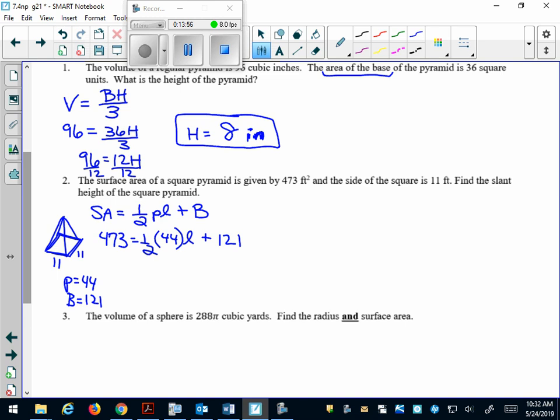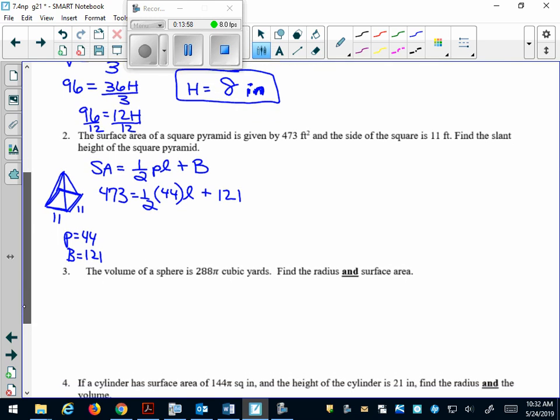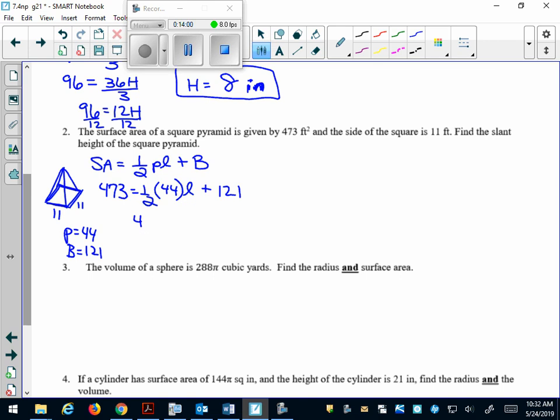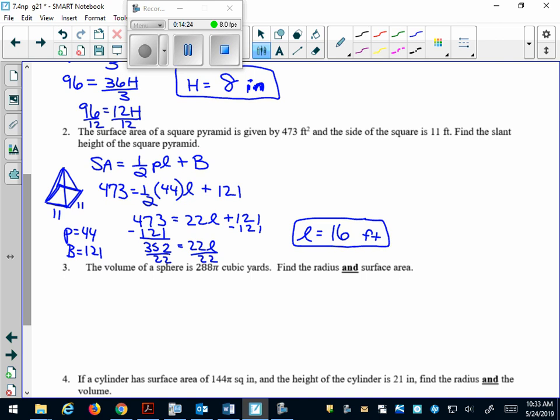We can just solve for L. What's L turn out to be? 16 feet. Plain old feet.